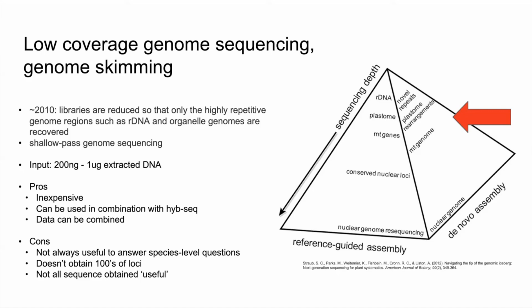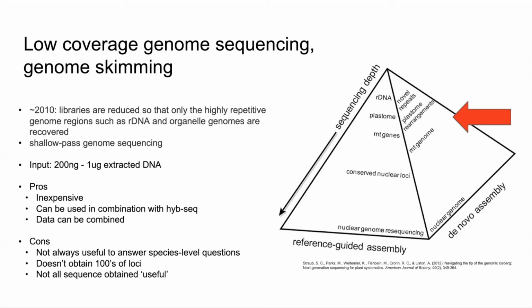I'm showing on the figure on the right with the arrow, if we consider the top of the pyramid shallow sequencing, and the bottom of the pyramid is the deepest possible sequencing of the genome that we can do.